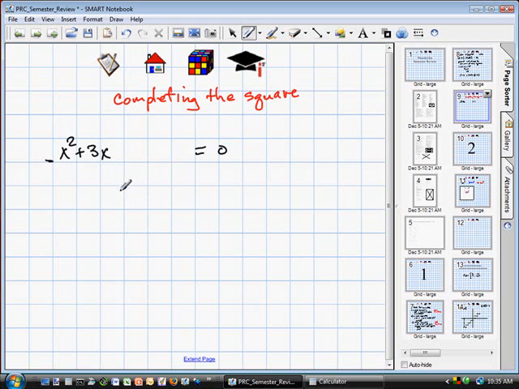I'm having a little trouble setting this up. So we're rewriting it, and we're saying, take half of that. Okay, I'm finally getting my picture here. Half of that is 3/2. Squared is 9/4.